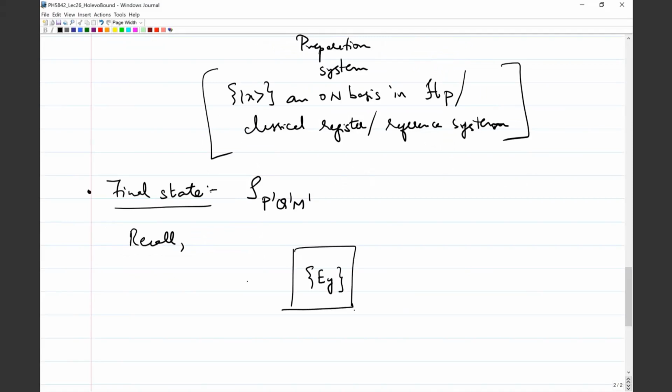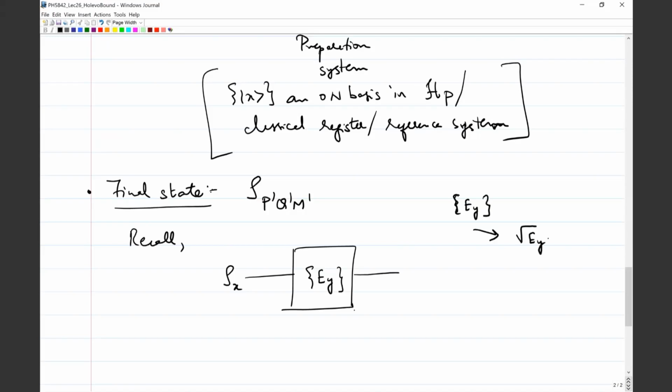I have some state rho X which is coming in, right? Now, what is the output going to be? If outcome Y was obtained, what is the post measurement state? It's not just E_Y rho X E_Y. The POVM elements are E_Y, so the transformation that you associate with this involves the square root of these things, right?